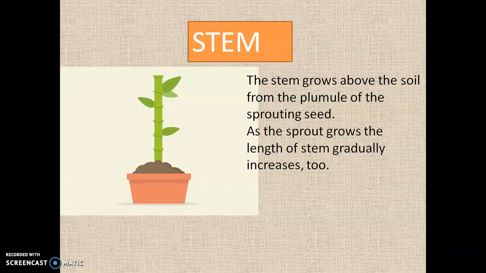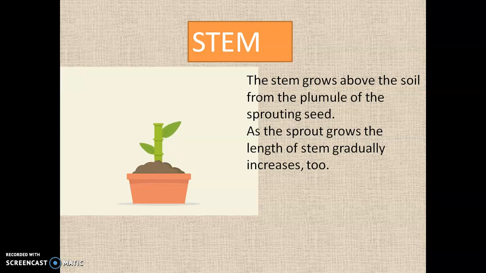Now, what is a stem? The stem grows above the soil from the plumule of the sprouting seed. You can see in this diagram, suppose this is the soil: the root has grown below the soil and the stem is growing above the soil.